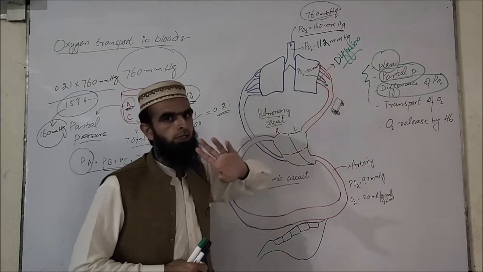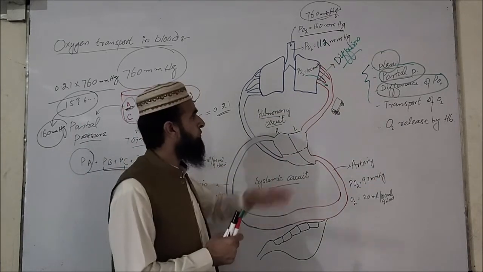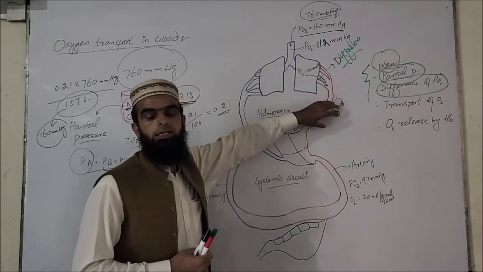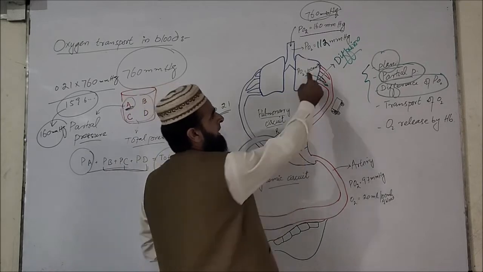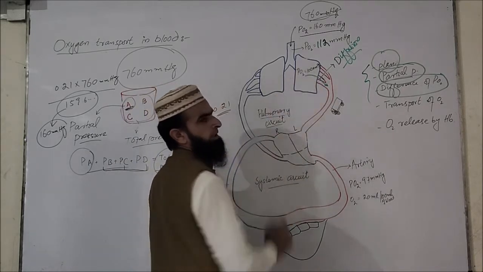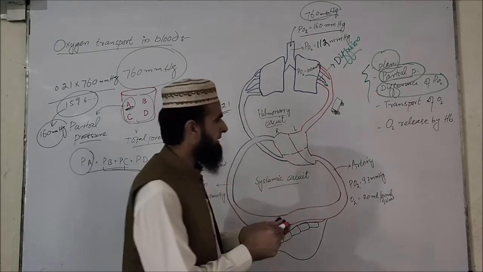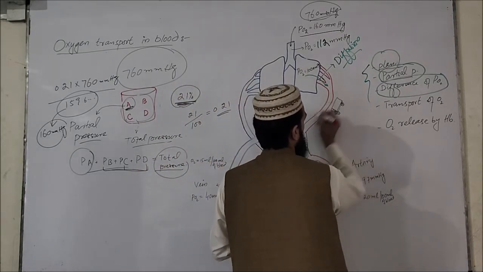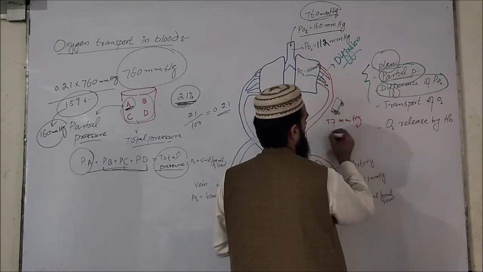Another, some other deoxygenated blood can also be added sometimes, because of which the 100 millimeter of mercury partial pressure of oxygen is reduced to 97 millimeter of mercury. It is 97 here as well. This is also artery.